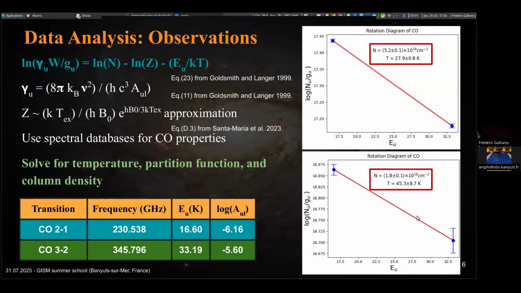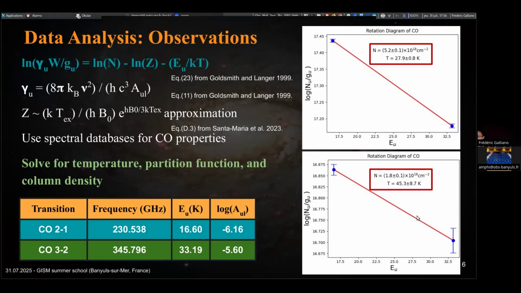T was the parameter that we were looking for, and the left side was the function itself. From this, we had to only use the gamma U constant and the GU, the degeneracy. The N was the column density, and Z is the partition function. EU is the upper level energy.